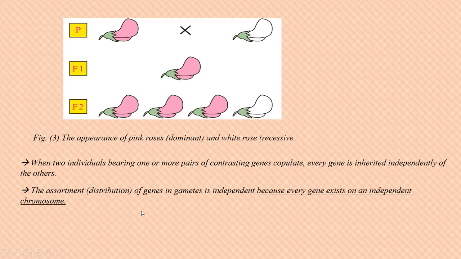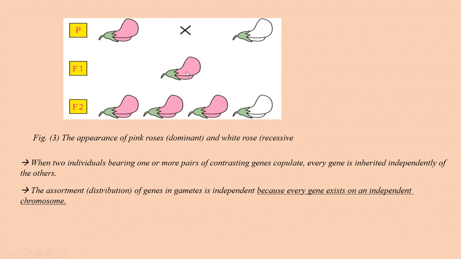Okay, the assortment, what does assortment mean? It means distribution of the genes in the gametes is independent. Why? Because every gene exists on an independent chromosome.